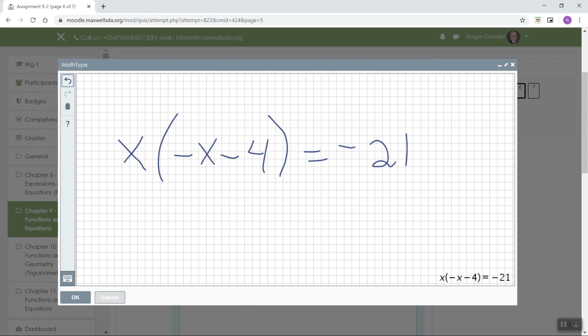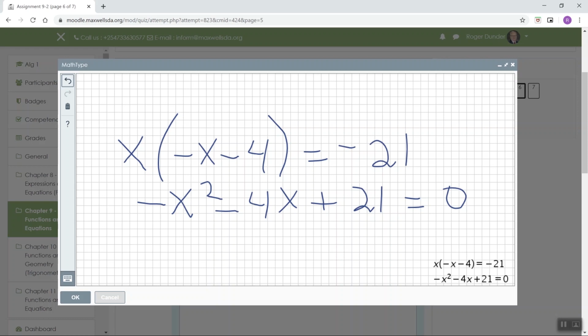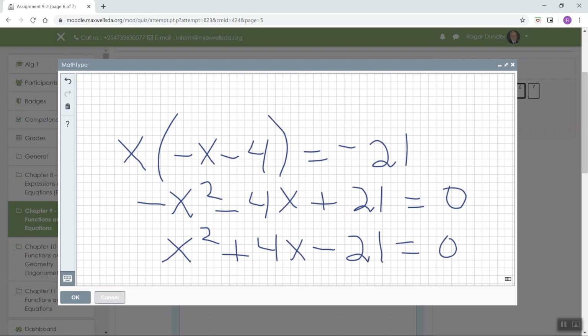Or minus x squared minus 4x plus 21 equals 0. And then we could go through and multiply by a minus 1, so we can write then x squared plus 4x minus 21 equals 0.